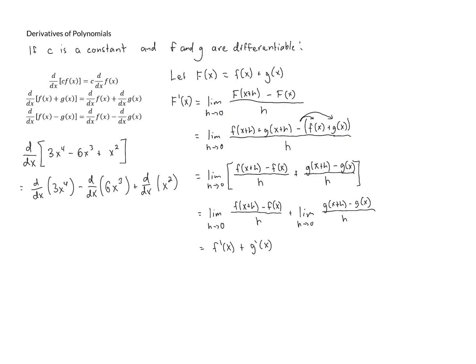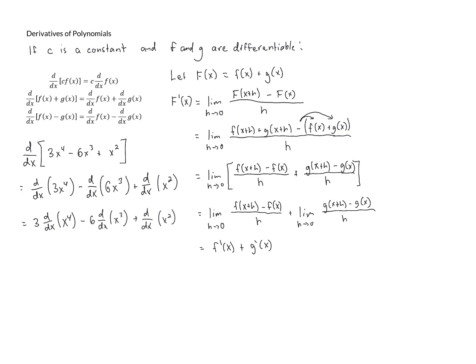We can pull the constant multiplier outside of the derivative, and we're going to do that with the first two terms here. So this is going to be 3 times d over dx of x to the fourth minus 6 times the derivative of x cubed, and then we still have plus the derivative of x squared.